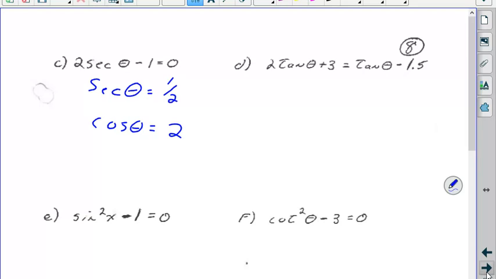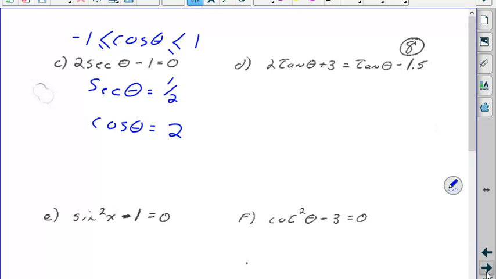Now, there's no solution to this one. How do I know that? Because cosine theta is never going to be larger than 1, and never smaller than -1. So cosine theta has a range of 1 to -1. And it can be equal to 1 or -1.